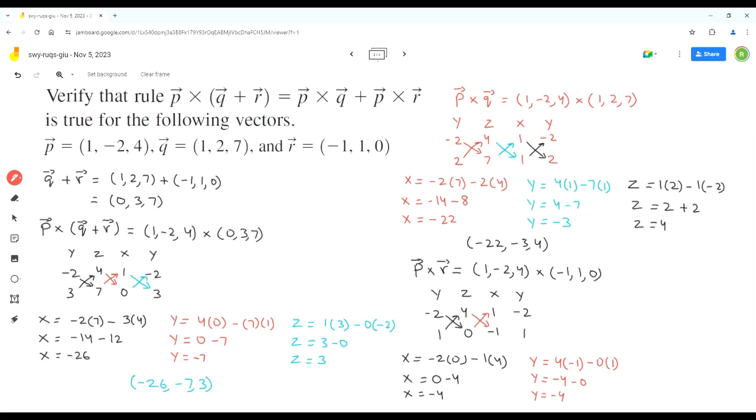Now we can calculate the z component. So we can cross multiply the x and y components.